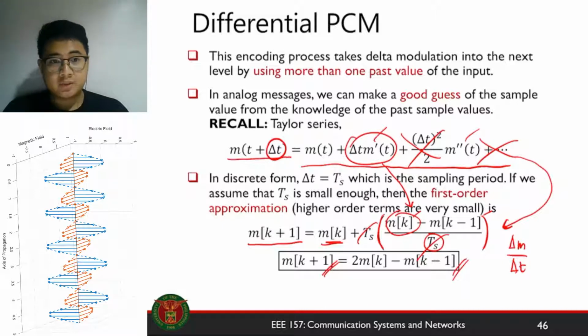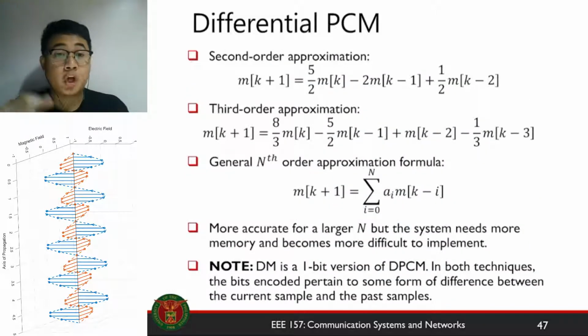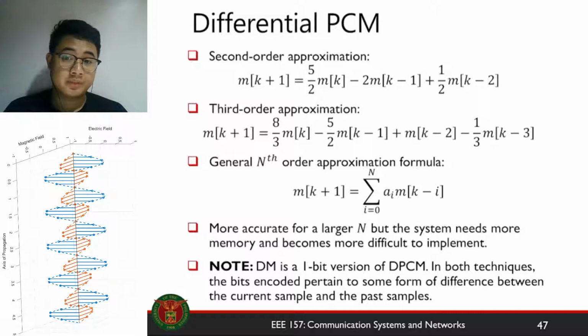You can use a system with more memory, but you'll have a more complicated implementation. Bottom line here is that if you use more memory, you have a more complex implementation. But with a more complex implementation, you can reduce the transmission bandwidth of your differential PCM technique.